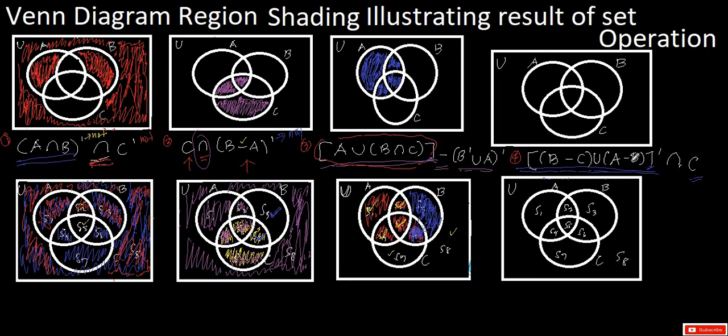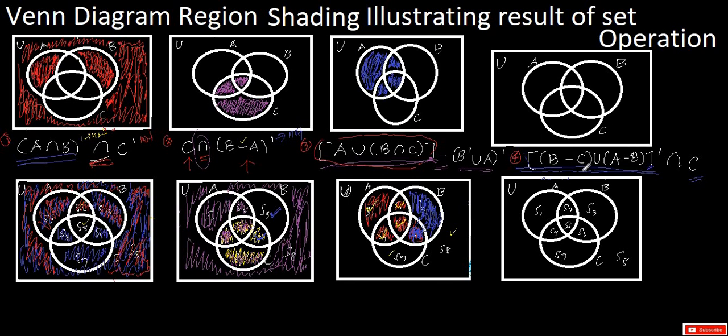Now, observe again that there are operations inside the bracket, okay, inside the grouping symbol bracket and inside the grouping symbol parenthesis. And we are going to perform these operations first inside the bracket before performing finally the complement.